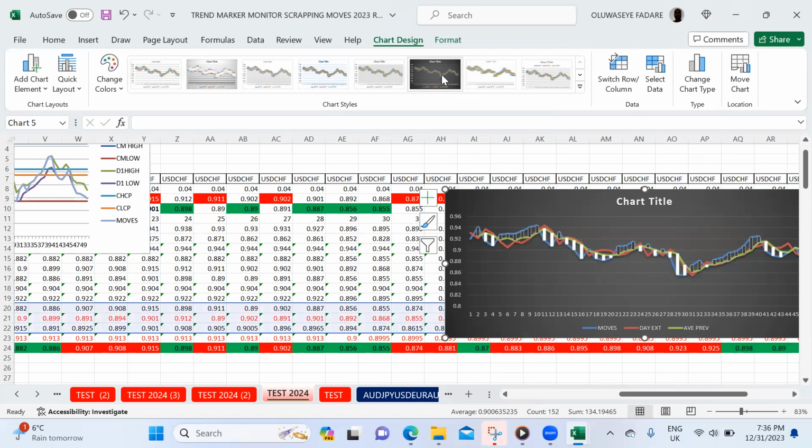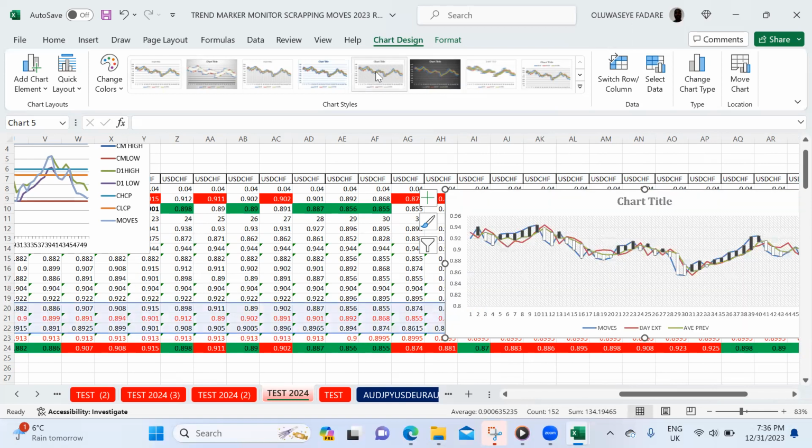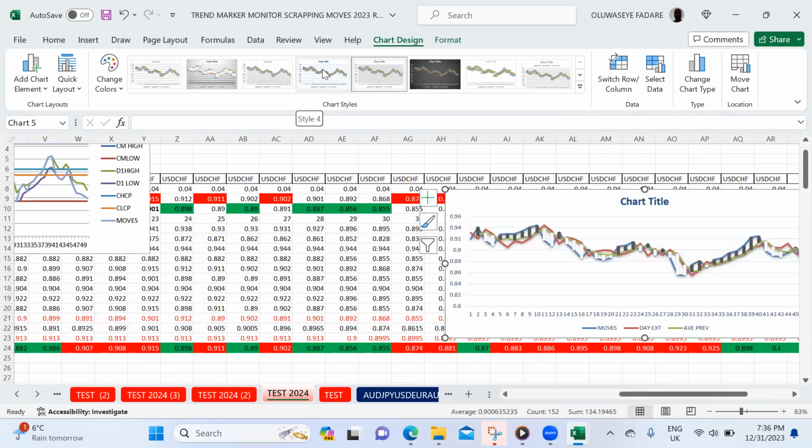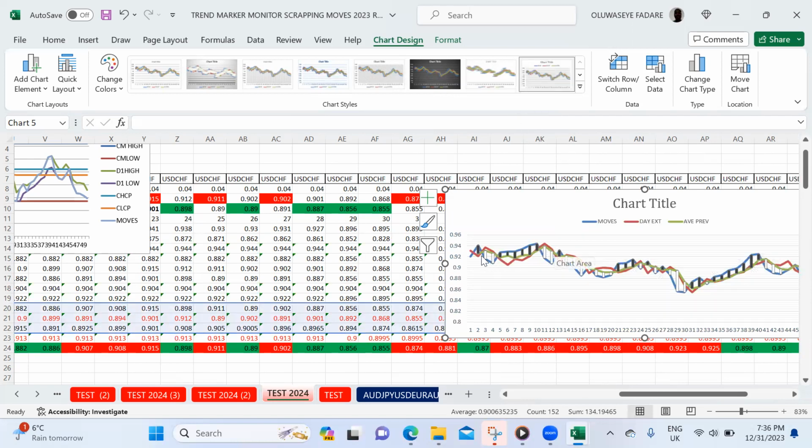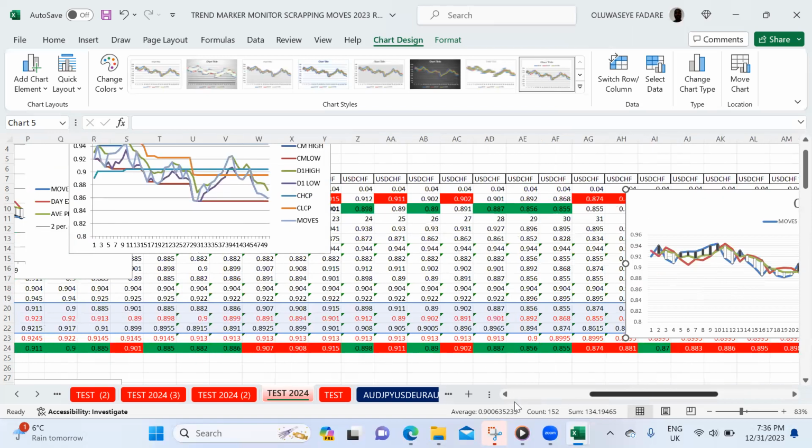Okay, you can see it's a bit clearer now. So the white means the market is on the downtrend, and the black means the market is on the uptrend. That's how to get that.